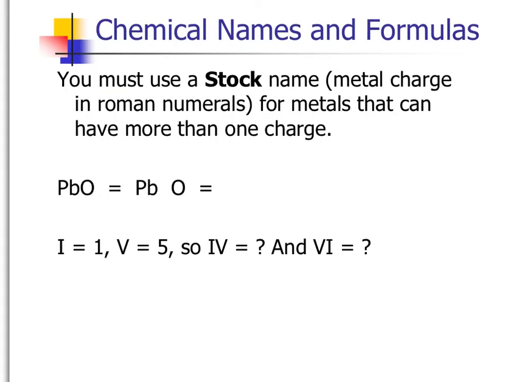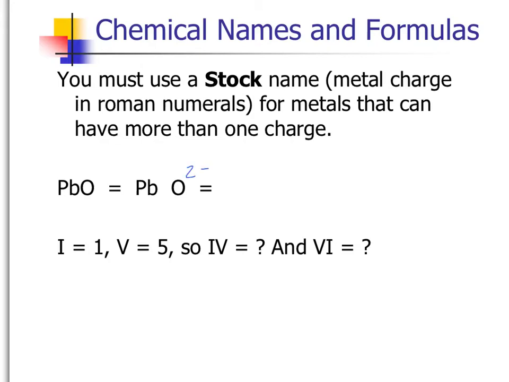You must use a stock name for metals that can have more than 1 charge. This means that you put the charge of the metal in brackets in Roman numerals in the middle of the name. So if I've got the compound PbO, I first have to figure out, do I have a lead with a 2 plus charge or a 4 plus charge on it? In order to do that, check and see what it's with.